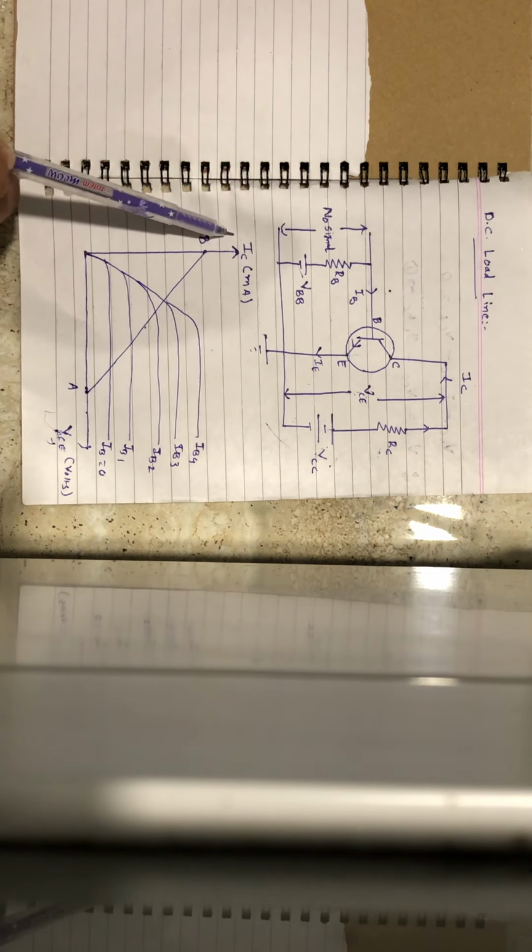Point number 1 is that the collector emitter voltage VCE is maximum when the collector current IC is equals to 0.